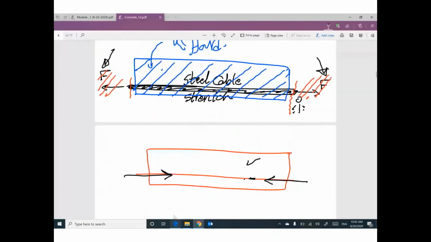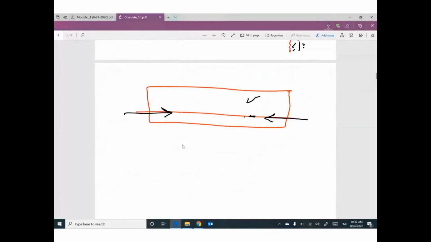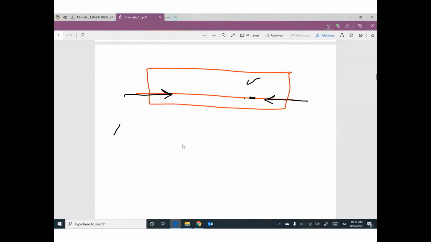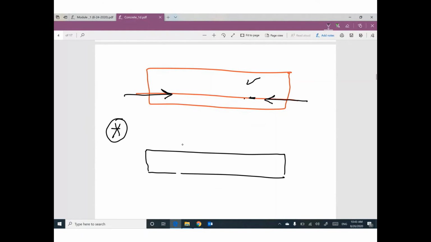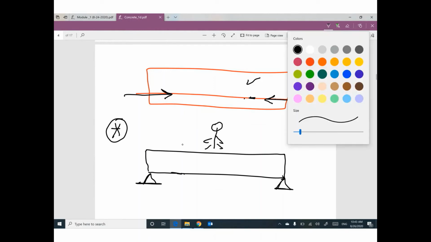So let me talk about concrete without cable. If you have a beam between this support and this support, and you stand here, what do you think about this concrete? Will this concrete break?